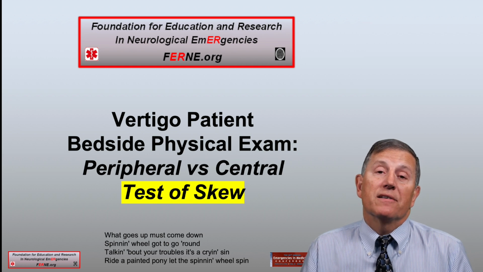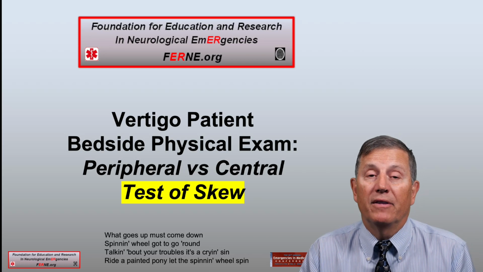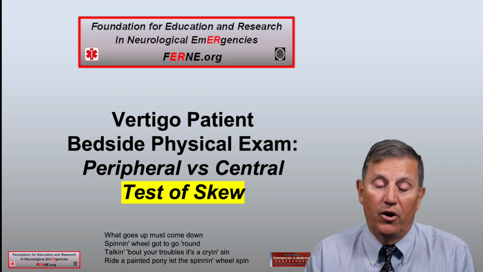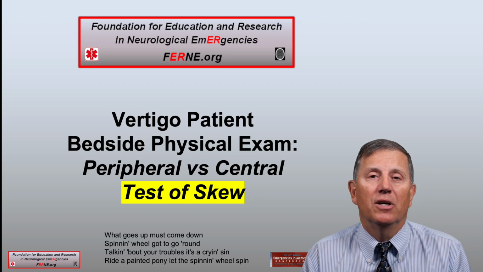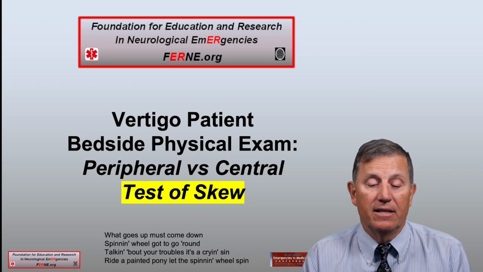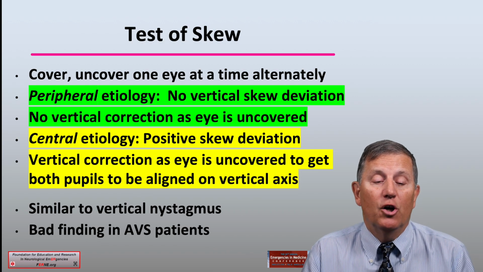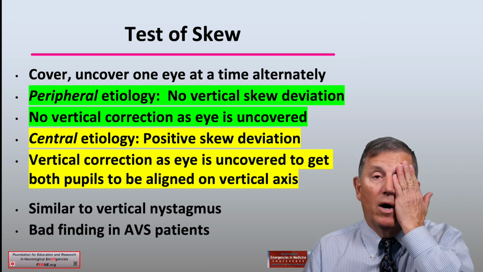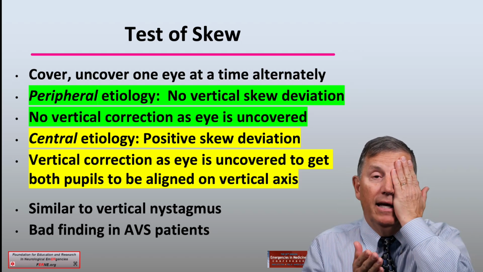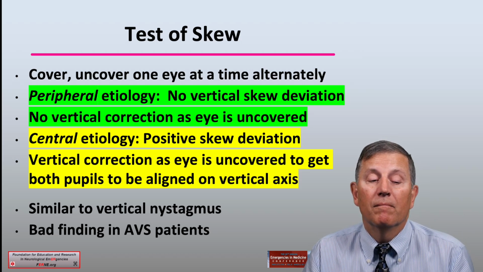Now that we've discussed nystagmus and the head impulse test, we will talk now about the test of skew in order to determine whether or not there's a peripheral or central etiology to the cause of the dizziness and vertigo. So the test of skew. The skew test is determined by keeping one eye covered, but then intermittently covering and uncovering one eye.